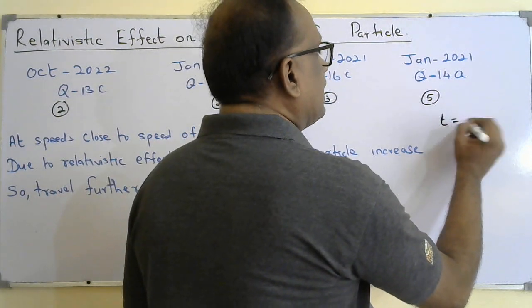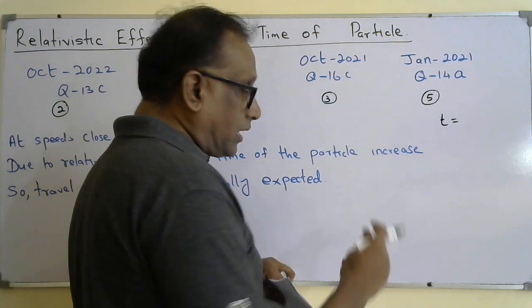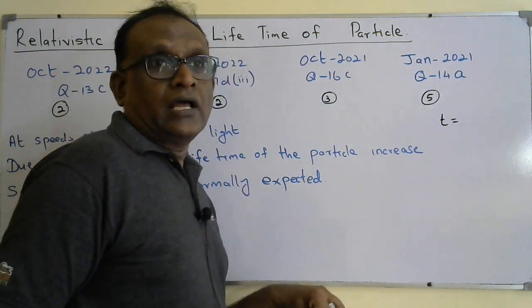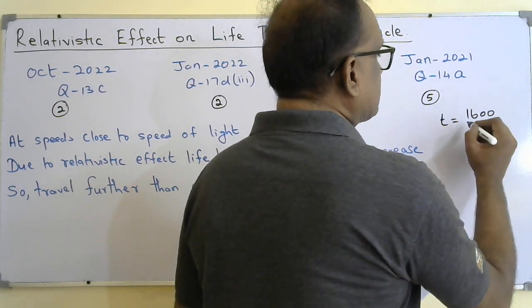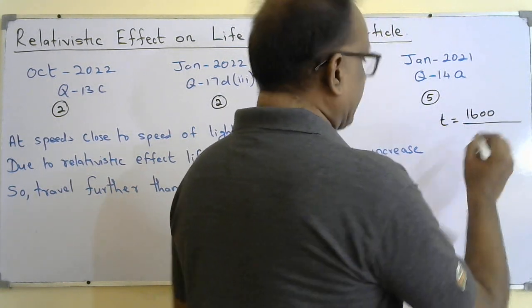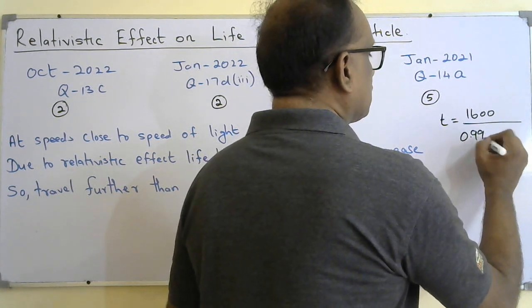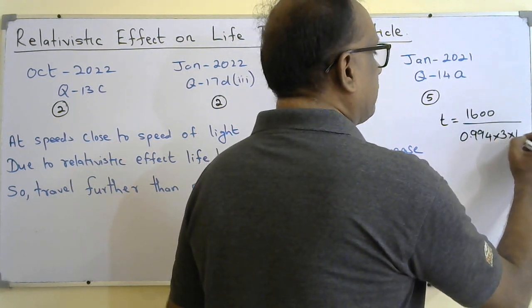Speed equals distance over time, so time equals distance over speed. So distance, 1600 meters, divided by 0.994 × 3 × 10^8.